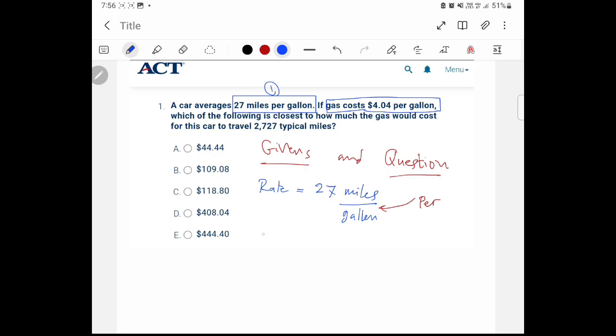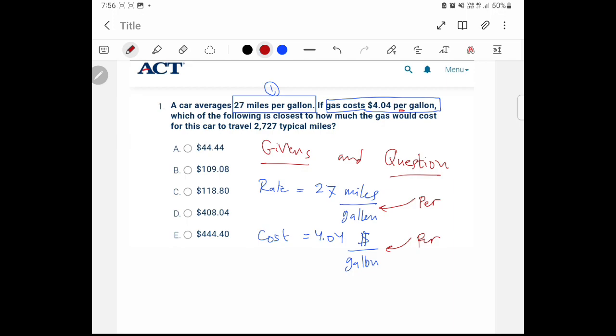So the cost is equal to $4.04 per gallon. And again, this corresponds to the word per here.